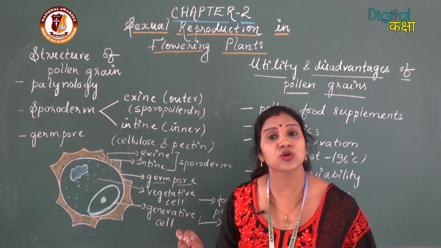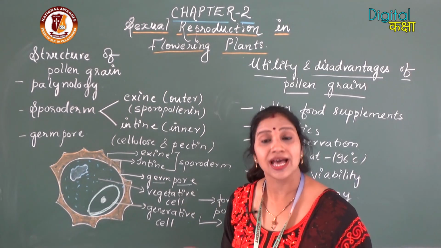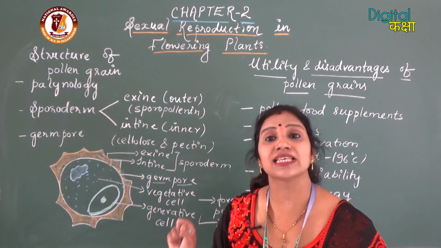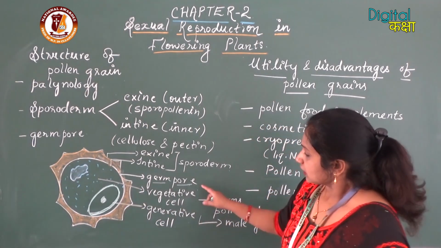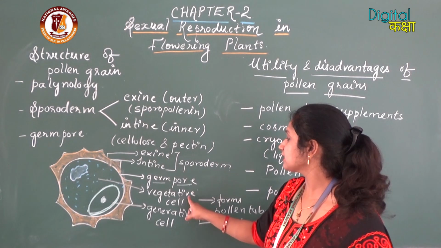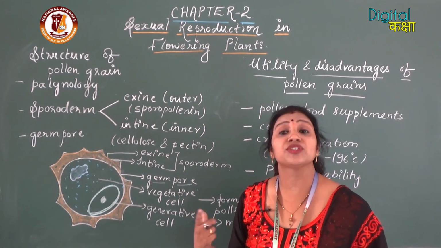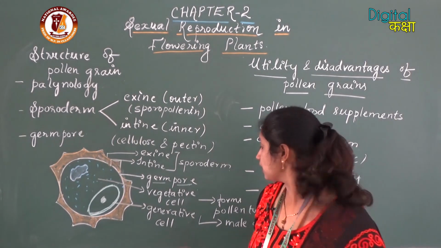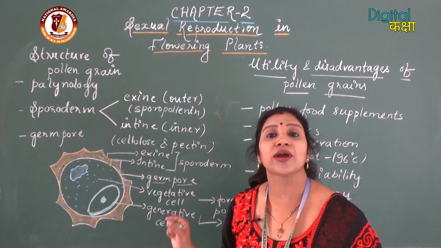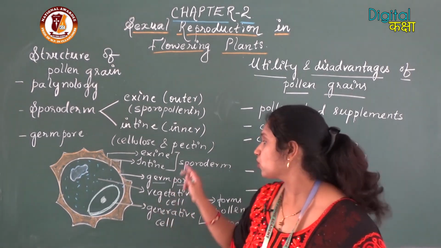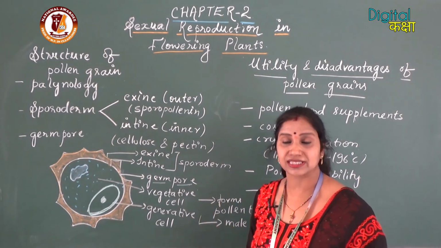It also stores the reserve food, while the generative cell is smaller and floats in the cytoplasm of the vegetative cell. Now coming to the functions, the vegetative cell will form the pollen tube which will come out through the germ pore, while the generative cell will form the two haploid male gametes. So this was about the structure of the pollen grains.